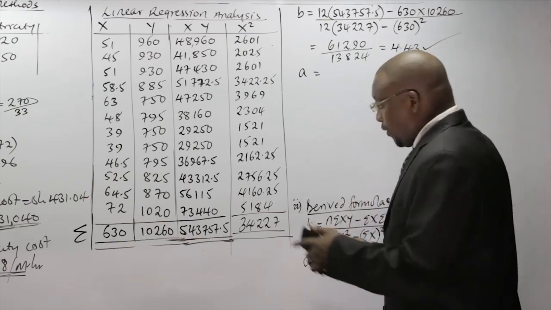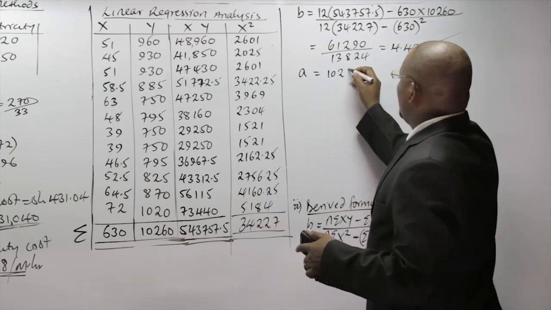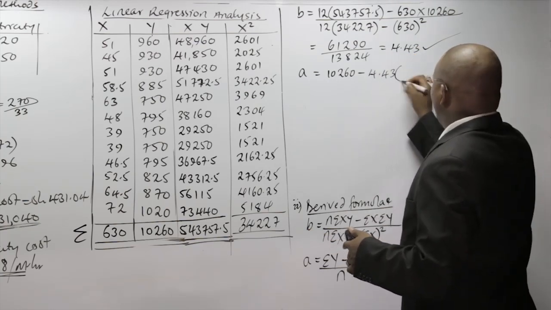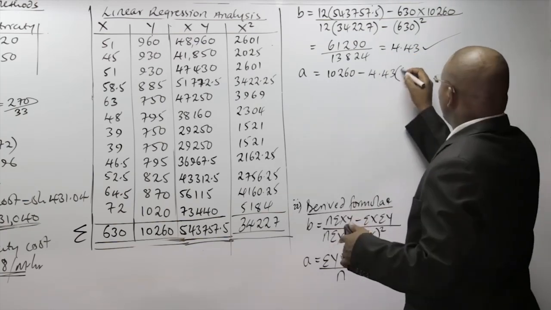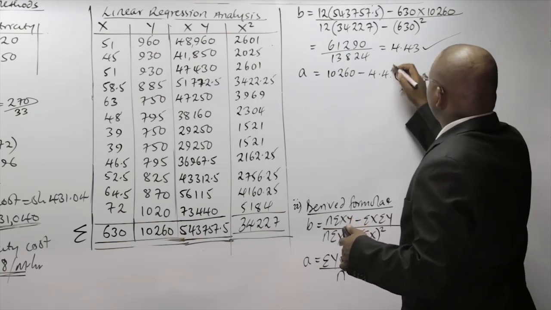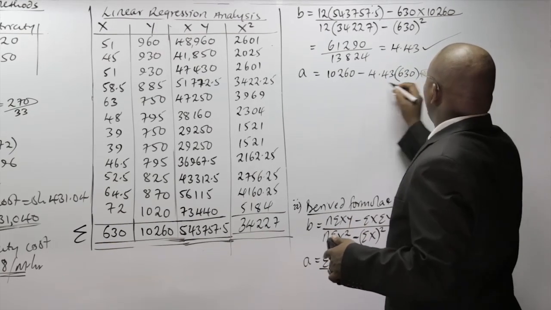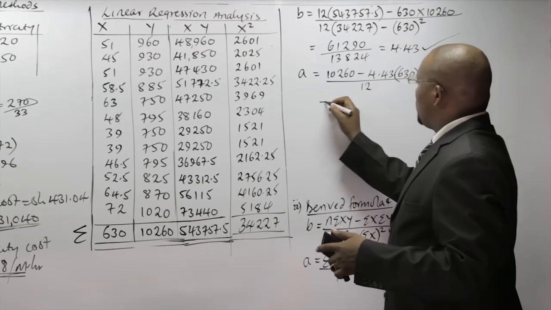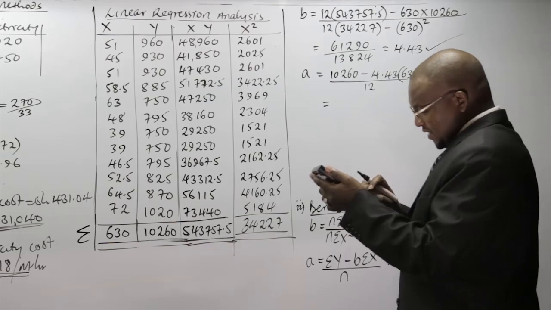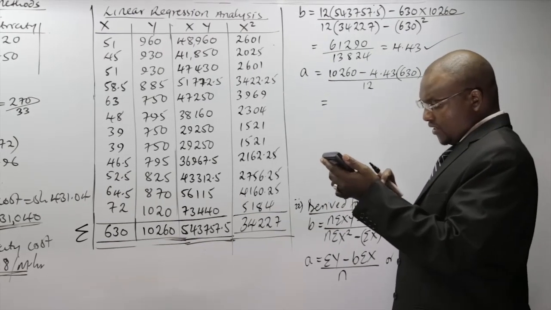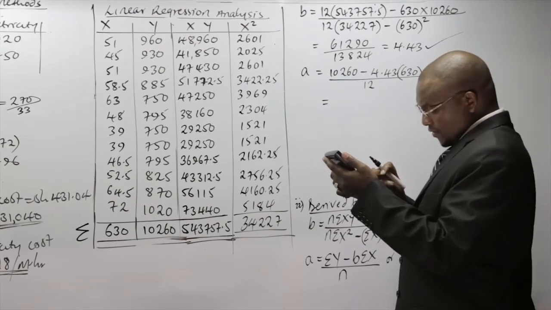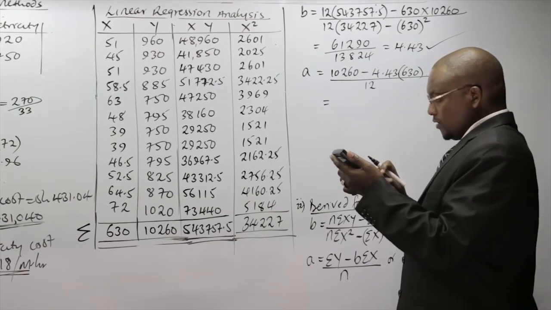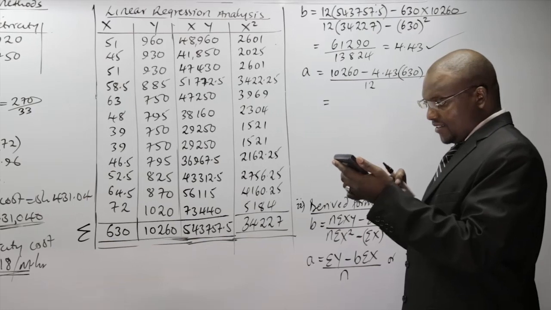So that means summation y, which is 10,260 minus B, which is 4.43, we multiply by summation x, which is 630. So this one, we can divide all this by n, which is 12. So this one will give us 10,260 minus 4.43 times 630.